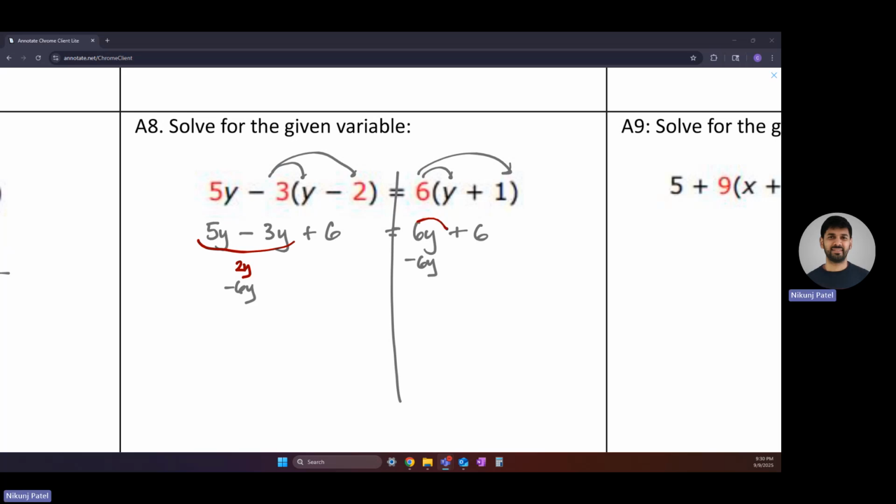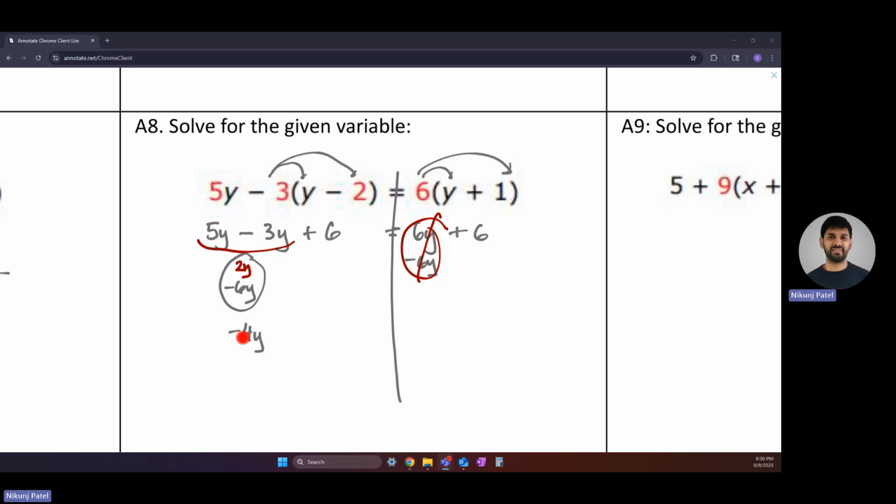So we see this is going to invert, which is what we wanted to do there. And these two terms, we can combine them to be negative 4y. 2y minus 6y combined to equal negative 4y.